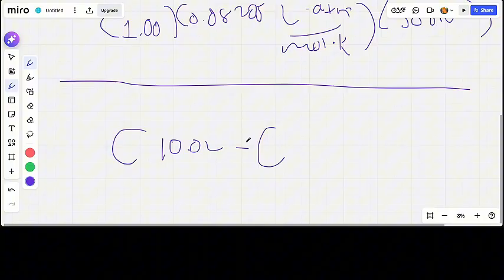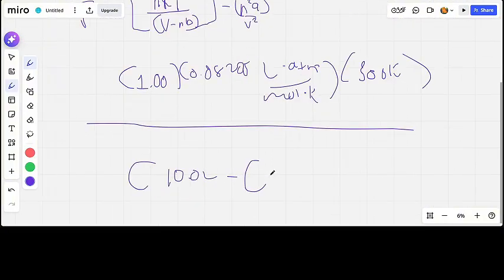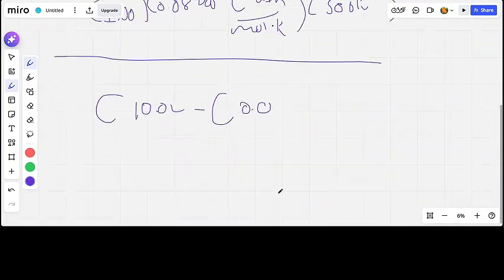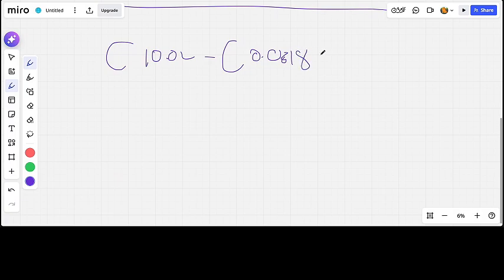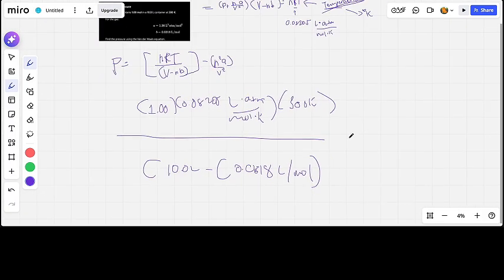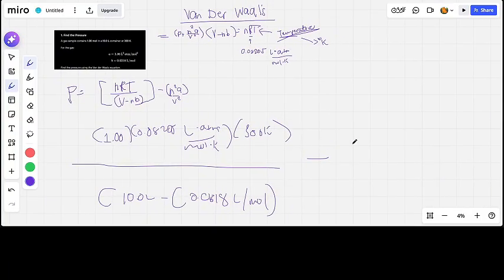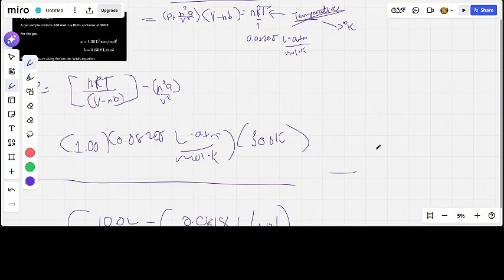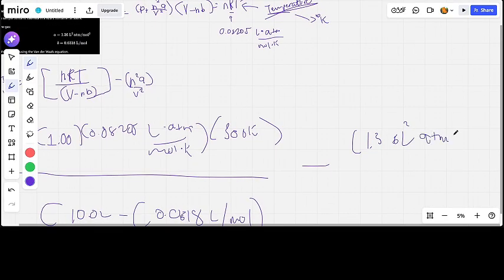Let me just try this first, then I'll figure out where we went wrong afterwards if we are wrong. 0.0318 L per mole minus n squared a, which is 1.36 L squared atm per mole squared.